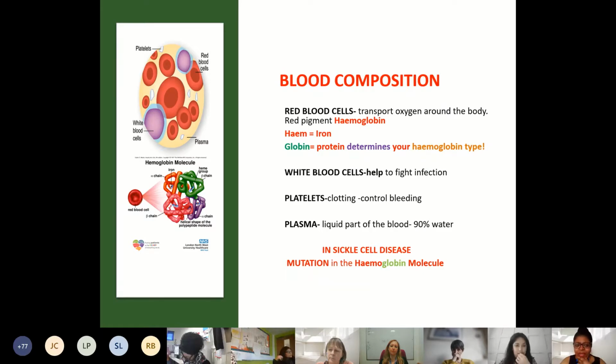Now, looking at the hemoglobin molecule at the bottom, in sickle cell disease there's a mutation in the hemoglobin molecule. That's the problem. The mutation within the molecule causes all of the problems with the structure, function, shape and quality of the red blood cells. I hope I've explained that well.